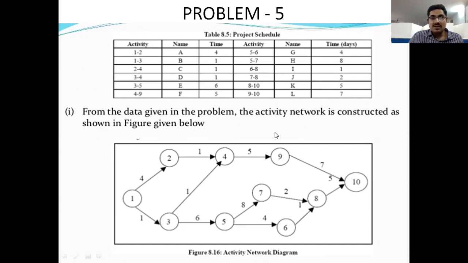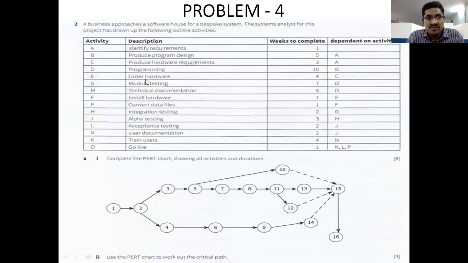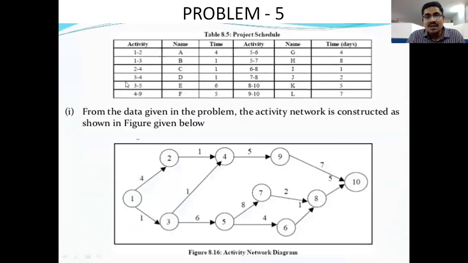So this is all about how to draw the network diagram for this type of problem, this model. In the previous problems, we mentioned activities as English letters A, B, C, D, and preceding activities also in the form of English letters. But in this problem, activities and preceding activities are both in the same column and are in the form of numbers.